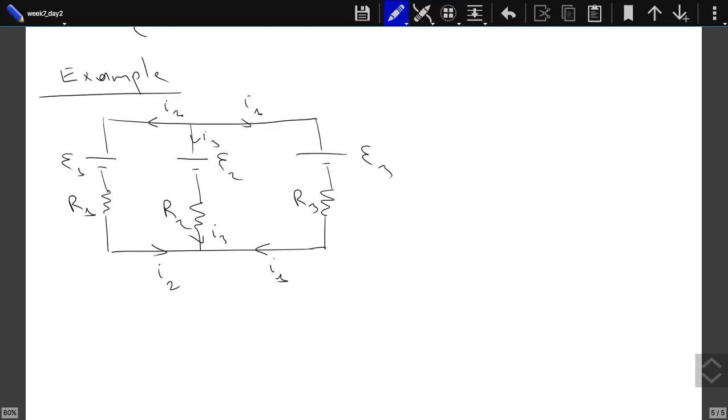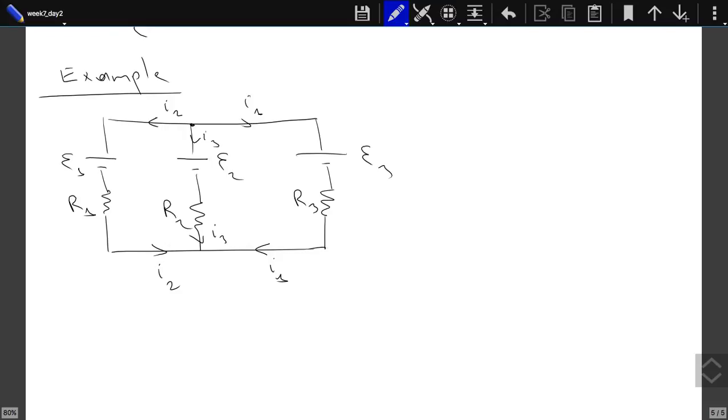Okay, I have three unknowns. I have to determine these three unknowns, so I have to write three equations for them. Let me first write the equation for the charge conservation. Let me look at this point. What's the total current that is entering this point? 0.